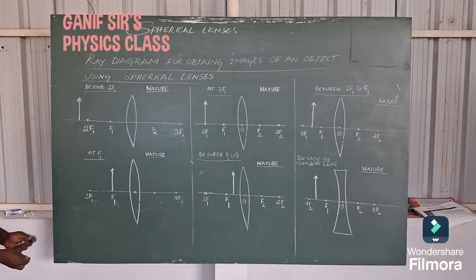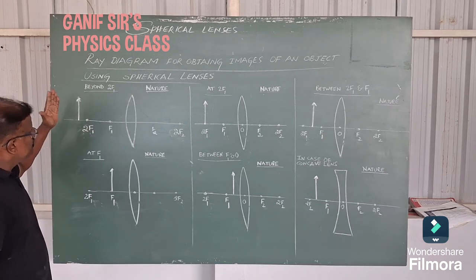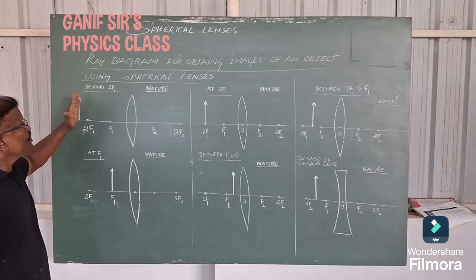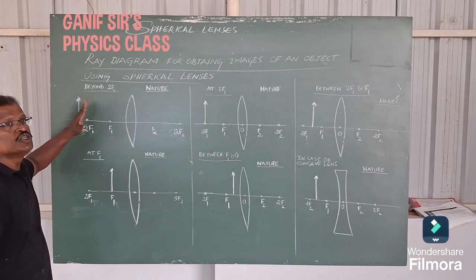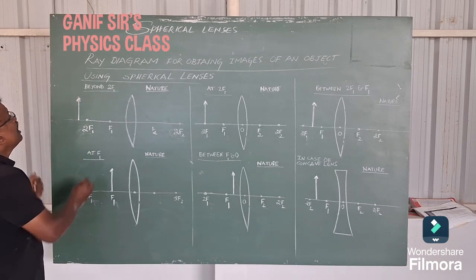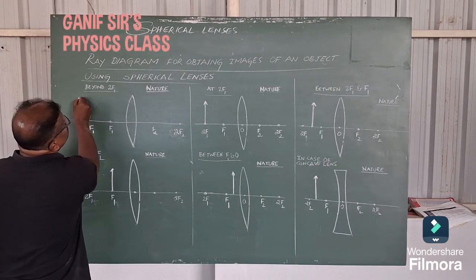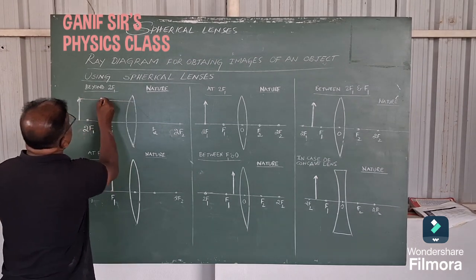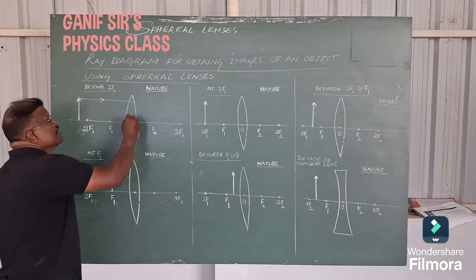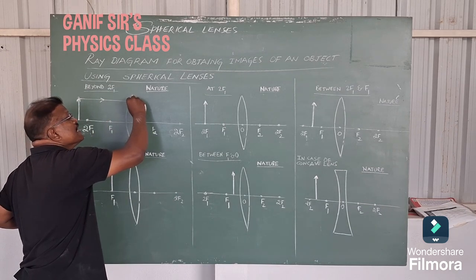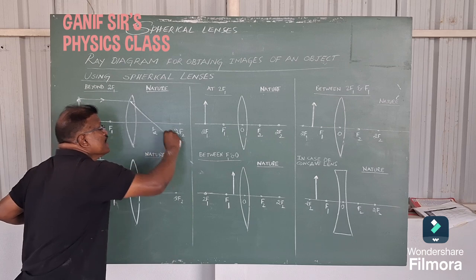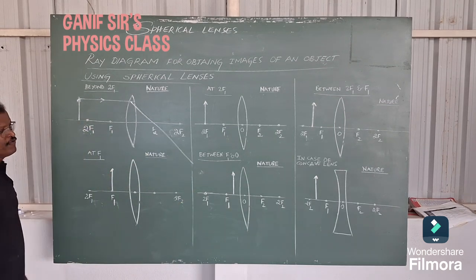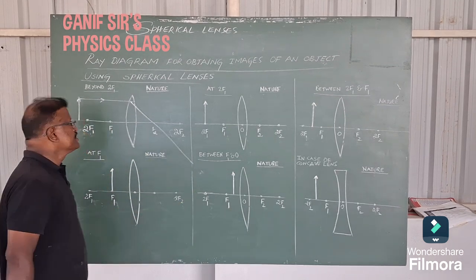Okay. Now I am keeping the object beyond C. Beyond C means beyond 2F1, and I follow the first rule. We state that when a ray is parallel to principal axis, after refraction it passes through the principal focus which lies on the other side of the lens.